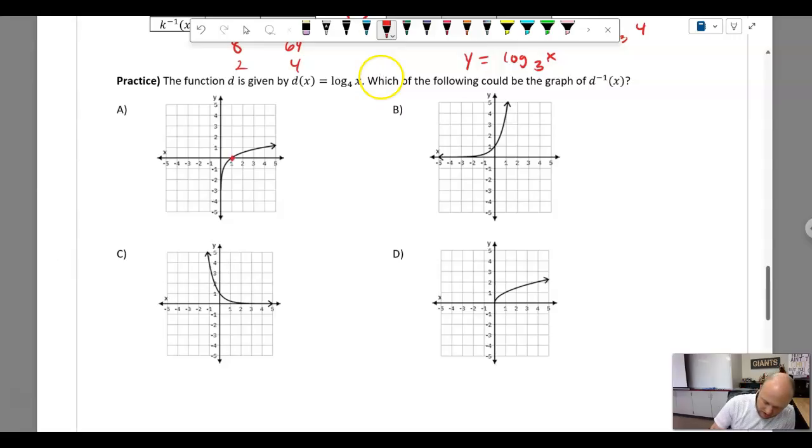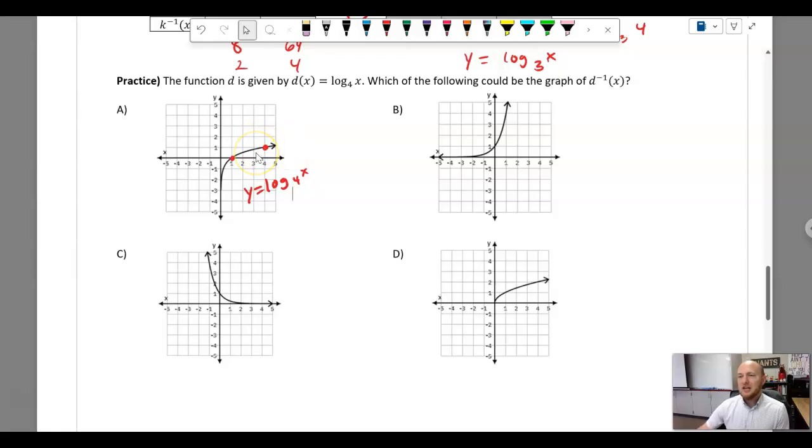So for the sake of purposes, I want to show you A. This is log base 4 of x. So all logarithms will generally have this point unless there's a shift, 1 comma 0, and then they're going to multiply by 4 in order to grow 1, right? Or multiply by b, whatever that base is, to grow 1.